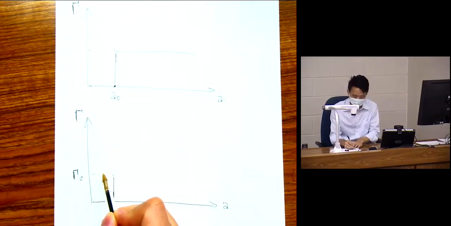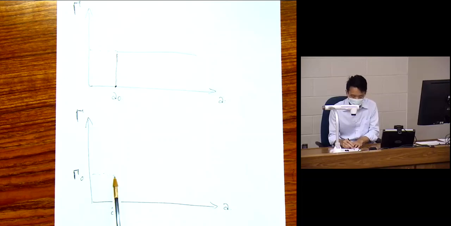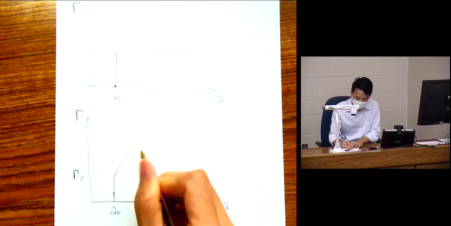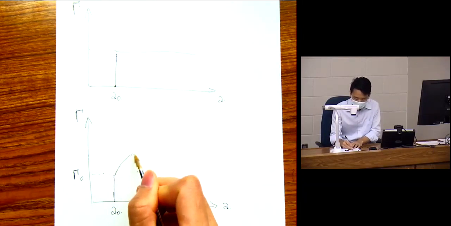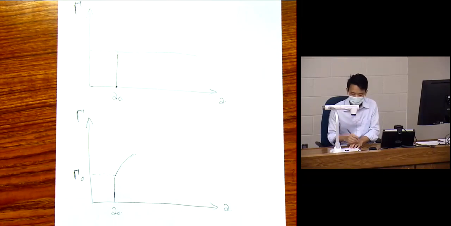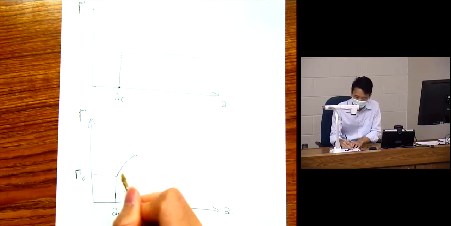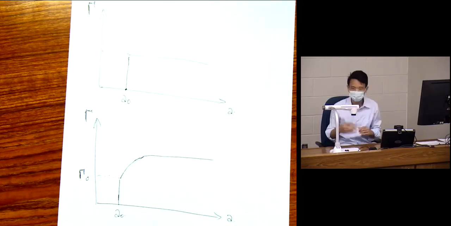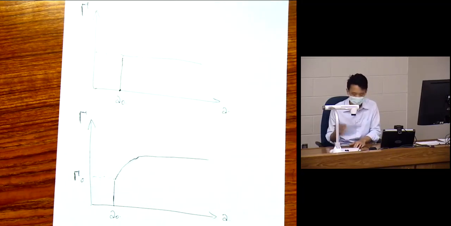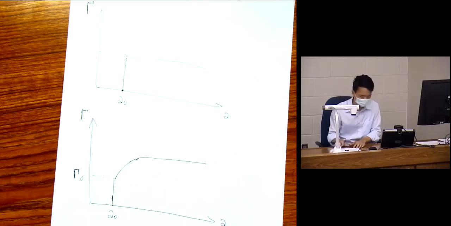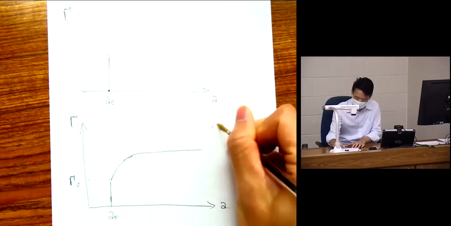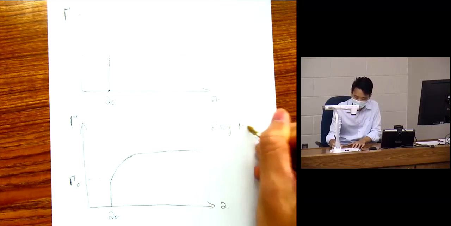Once you reach that, the crack will start growing. Now, typically you have a rising R curve. It doesn't increase indefinitely. Most of the time it increases for a little bit, and then it again stays flat. Okay, or maybe very slightly increasing with a small slope. And so this is a rising R curve behavior.